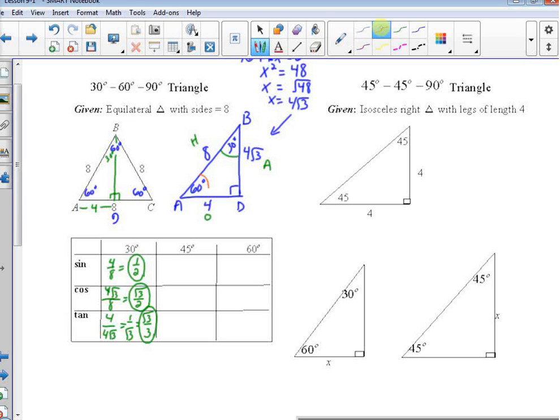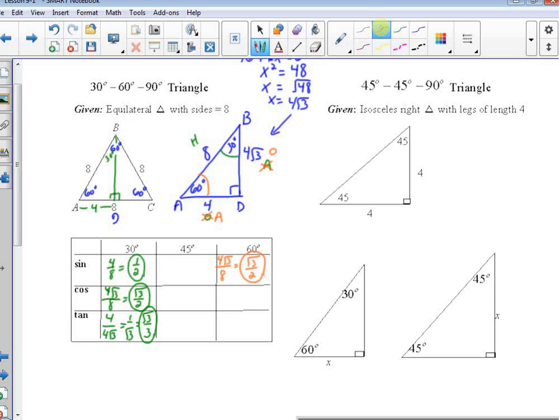Now I'm going to go to a different color because now I'm going to go to 60, so I'm going to mark this one off. The adjacent and the opposite change now. The 4 radical 3 now becomes the opposite. The 4 becomes the adjacent. So the sine of 60 is 4 radical 3 over 8, and that we already saw. That's radical 3 over 2.